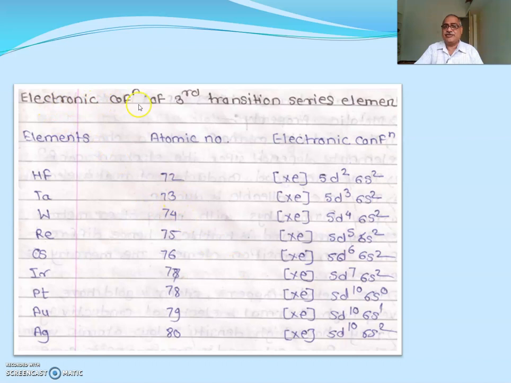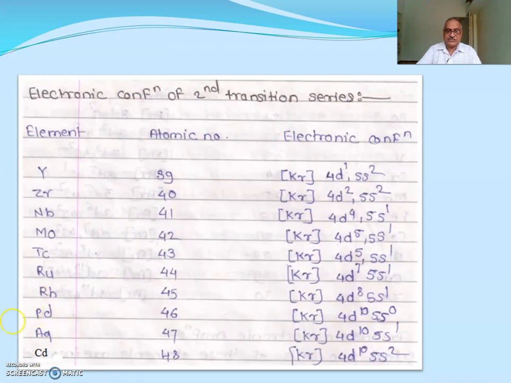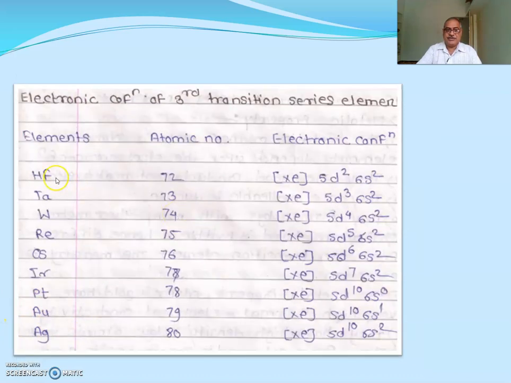Similarly, the electronic configuration of the third transition series elements. It starts from hafnium to mercury, Hg. Sorry, here mercury, Hg, not Ag. Hafnium, tantalum, tungsten, rhenium, osmium, iridium, platinum, gold, and mercury, from atomic number 72 to 80.